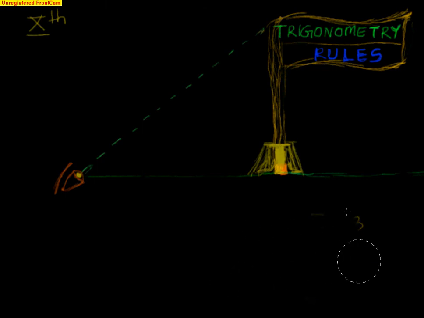Let us say that as we are now learning trigonometry, you and your friend want to learn about trigonometry. So you decided that you want to go to the trigonometry monument. There is a historical monument which says trigonometry rules, where you can find all the information about trigonometry.